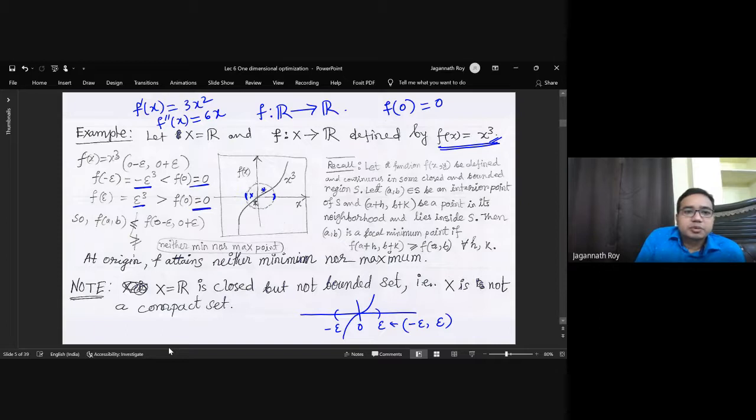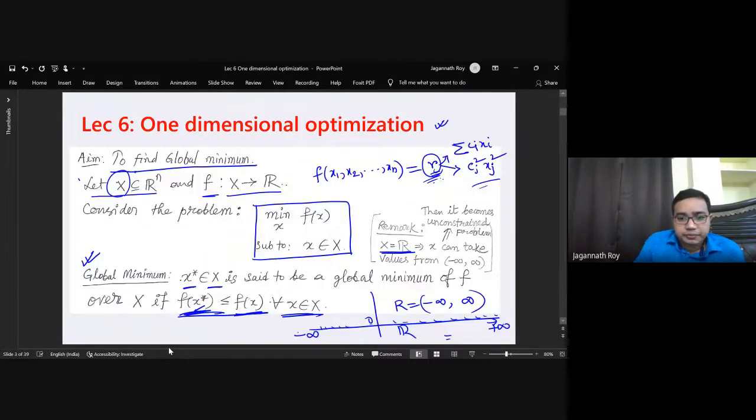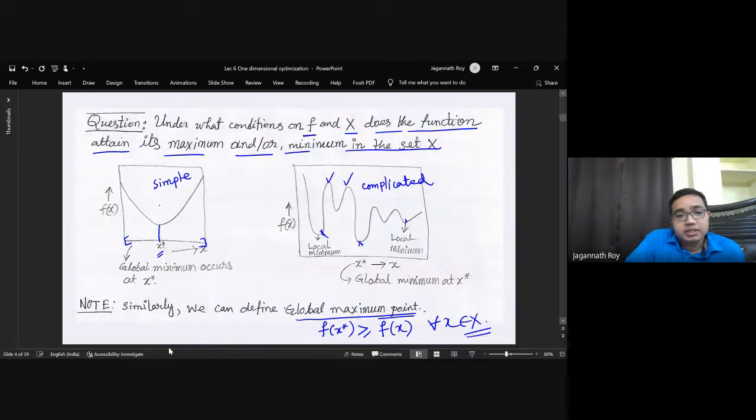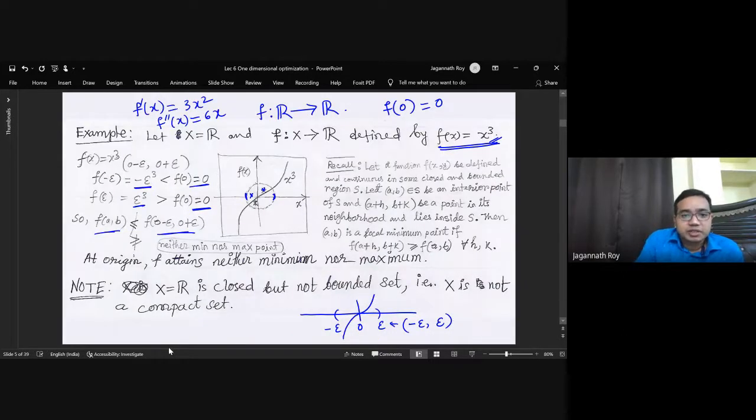So sometimes it is positive, sometimes it is negative, so this relation does not hold. Only if it satisfies this relation for all points can you say that x star is a minimum point. But here we can see that it is sometimes greater than 0, sometimes less than 0.